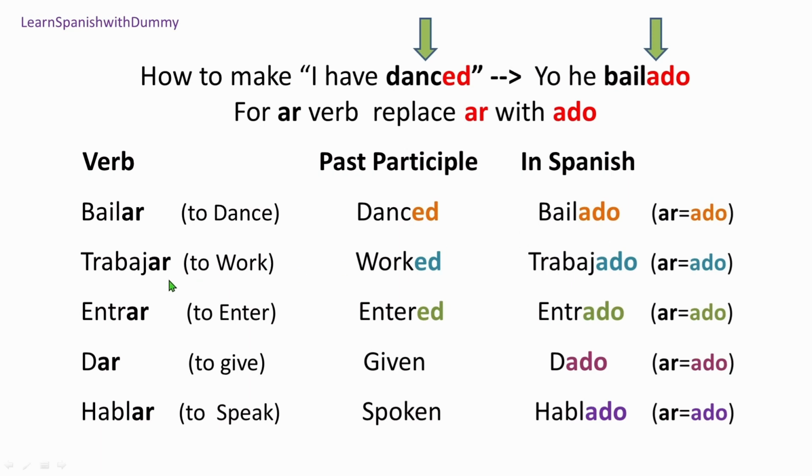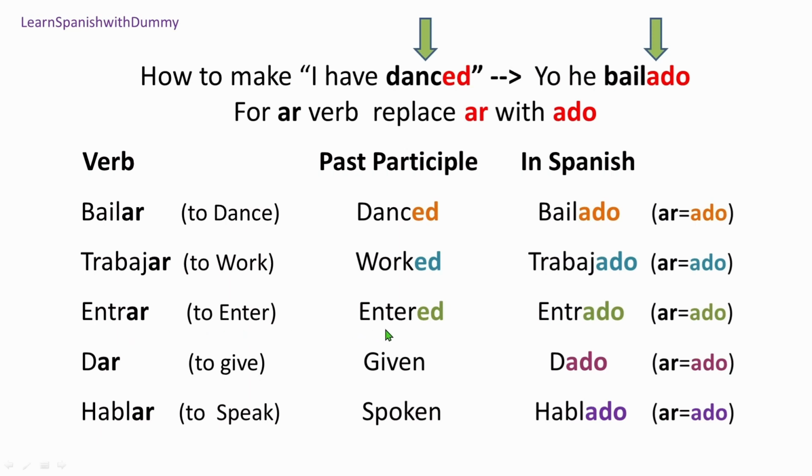Now there's another verb, trabajar. Trabajar means to work. Now we want to make it "worked," as in I have worked, she has worked. So simple, again remove the AR ending and replace with ADO, the same rule. It makes trabajado. Pretty easy. Now we have another verb, entrar. Entrar means to enter.